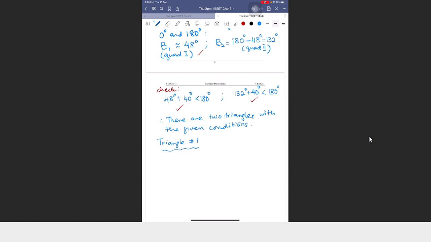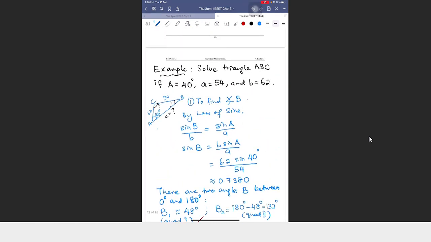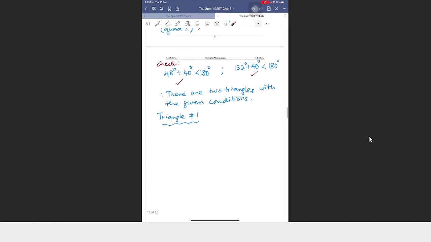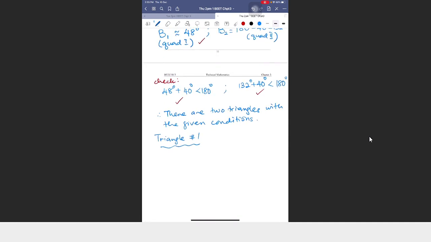We are using the same information as in the question for angle A, small a and small b. So the condition given from the question is still applied. The only difference now is our B, because B1 is 48 degrees. Triangle 1 I denote by subscript 1. So B1 we have just found to be 48 degrees, so I can find my C1.